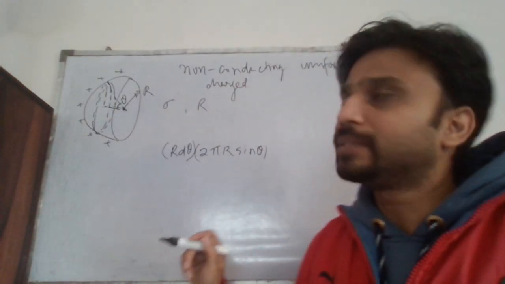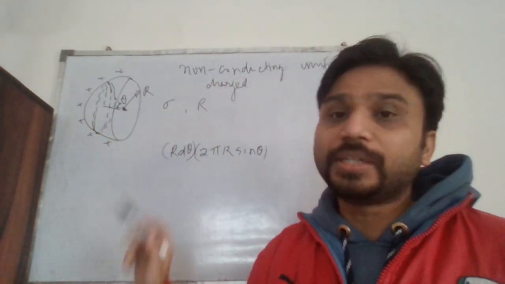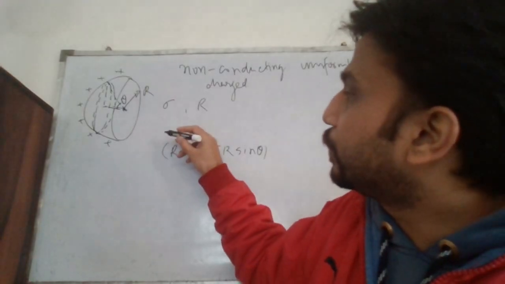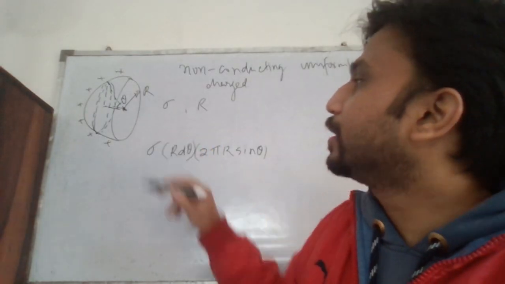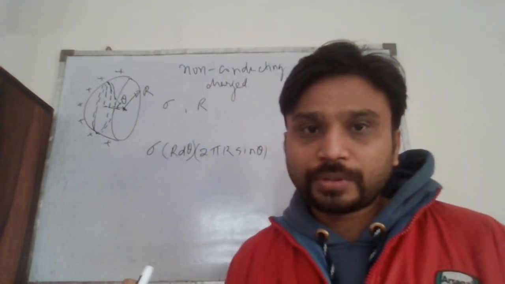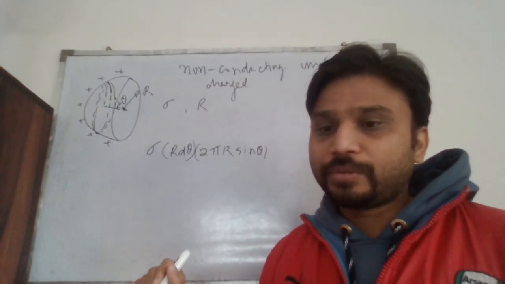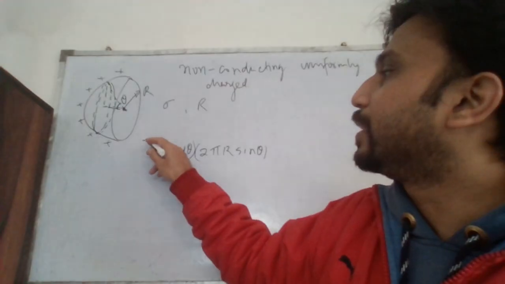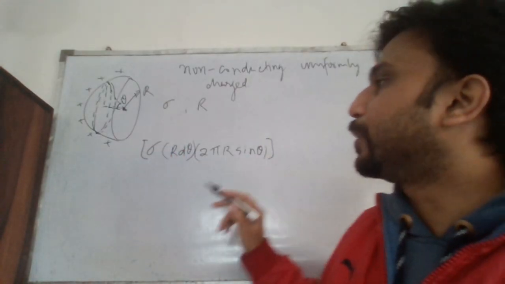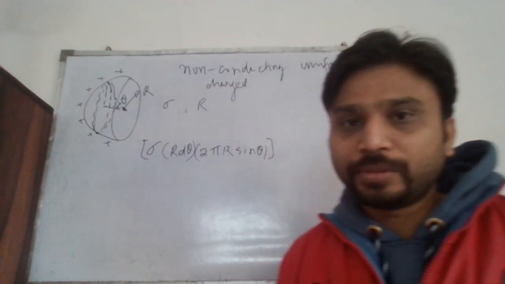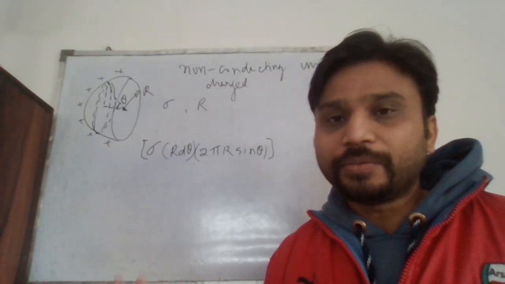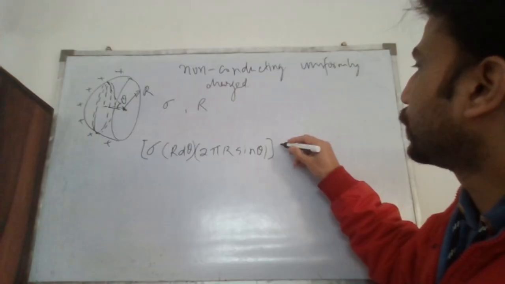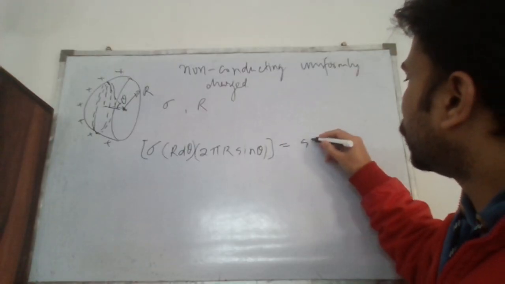This is the area of our circular arc. Now we multiply this with the charge density, and this is the small charge dq.